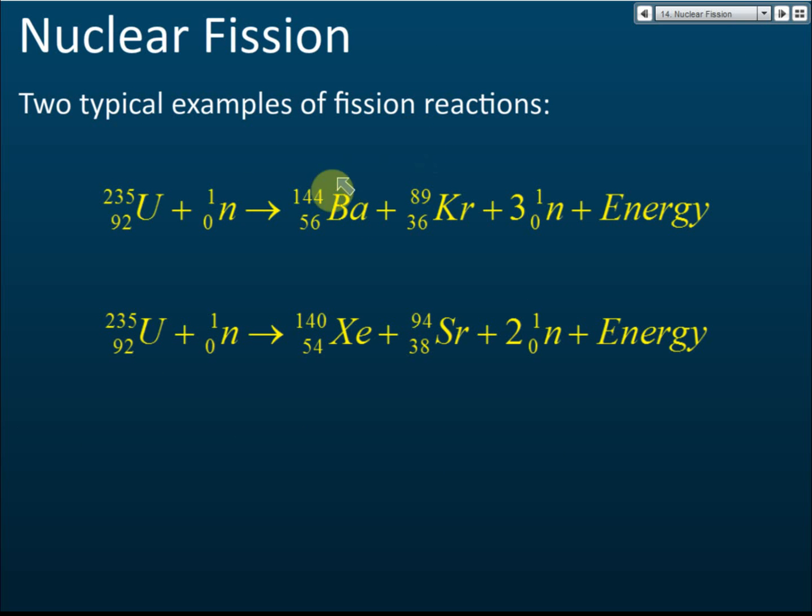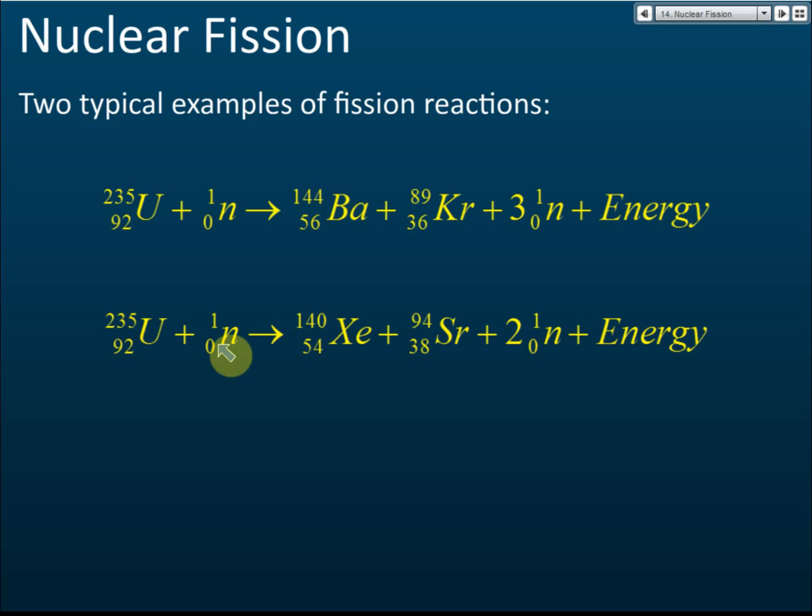Examples of nuclear fission. You don't need to memorize this. Uranium shot by neutrons is broken into barium and krypton, and at the same time releases three neutrons and energy. Or uranium shot with neutrons. You see here, both are shot by a neutron, but the outcomes may be different. Not necessarily if you shoot one neutron then you get the same thing.